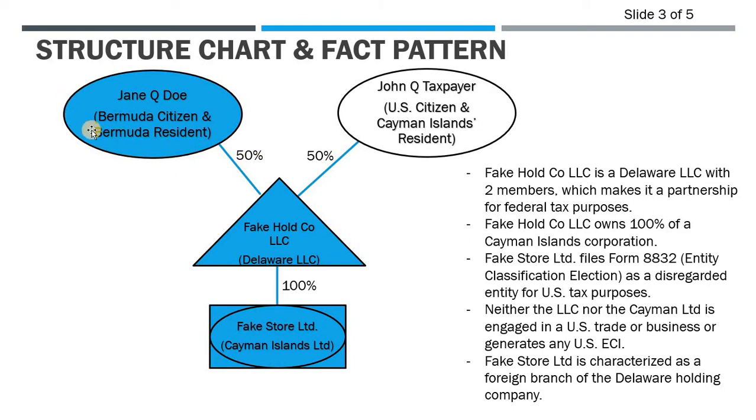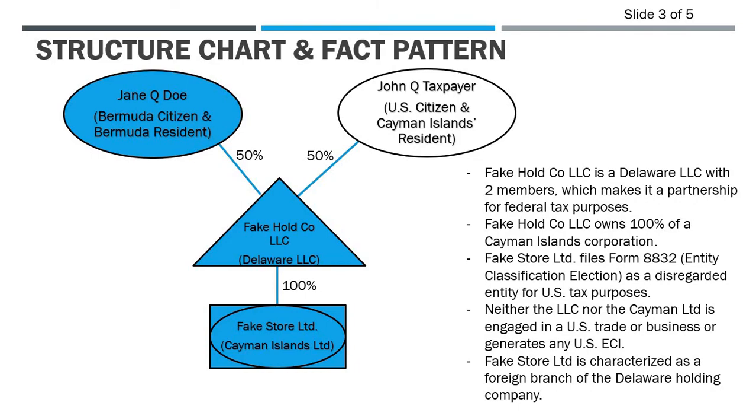She's a Bermuda citizen and a Bermuda resident, and so she is not subject to any U.S. taxes on her allocation of the income, because this entity is not engaged in a U.S. trade or business. It has no ECI and it has no other types of U.S. source income, so U.S. source FDAP income, interest, dividends, and the like.